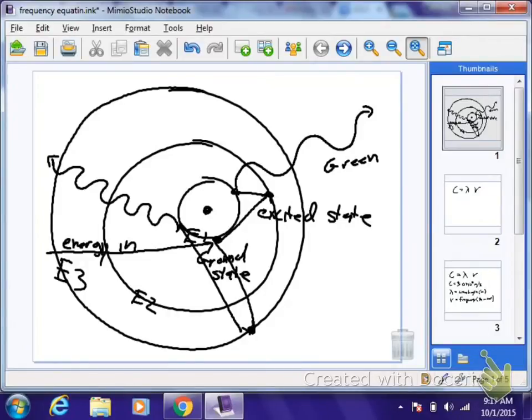So that bigger drop would give off a wave that would be a higher frequency or a shorter wavelength. One of the two. Now, which one has more energy? We know now that the longer the wavelength, less energy is associated with that compared to a shorter wavelength. Shorter wavelength will have more energy.